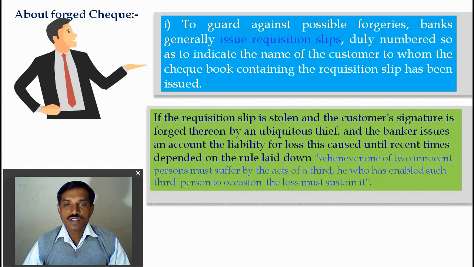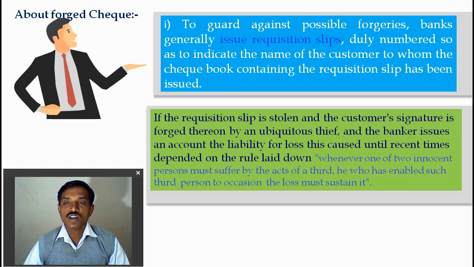If the requisition slip is stolen, meaning the checkbook or the prescribed form is stolen by somebody else, and the customer's signature is forged, then the banker incurs the liability for the loss.